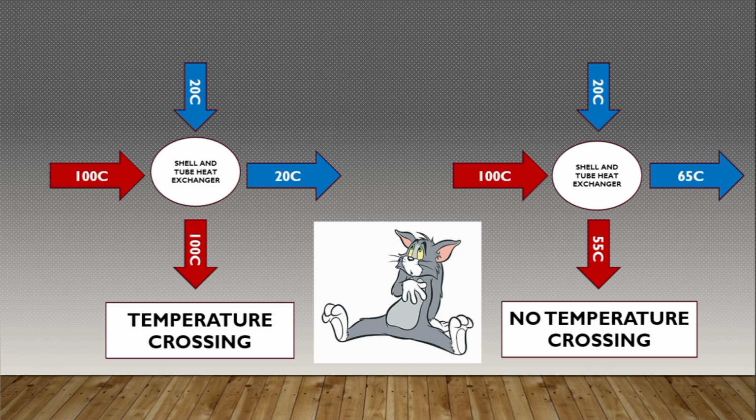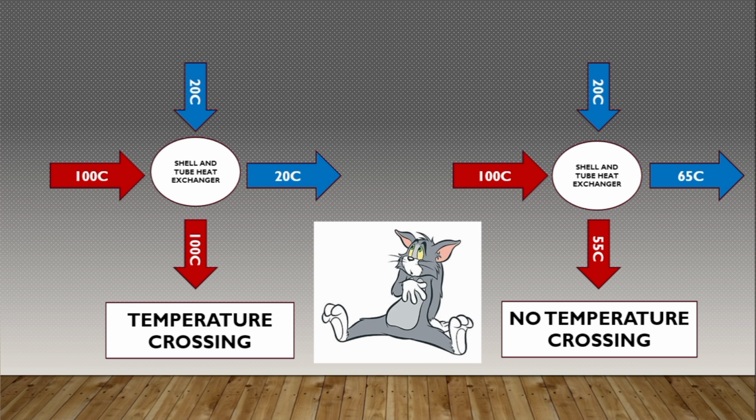So with this, we just had temperature crossing. Remember, it says that the cold outlet temperature comes out at a temperature equal to or greater than the temperature of the hot outlet.